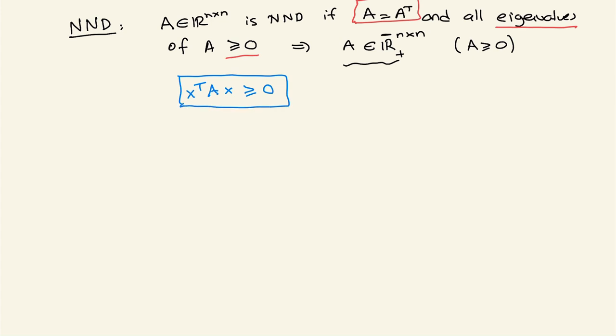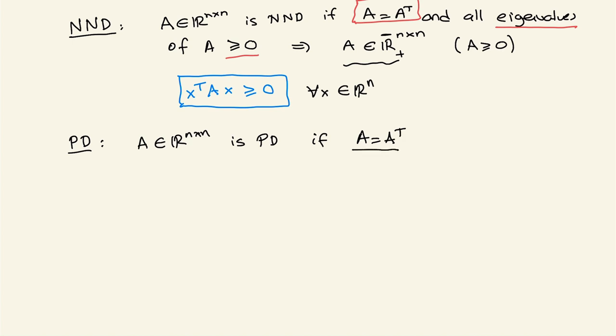Now, and of course this is for all x in Rn. Now, about positive definiteness, again a square matrix n by n, we say it is positive definite if A equals A transpose, it must be symmetric, and all eigenvalues of A are strictly greater than 0.